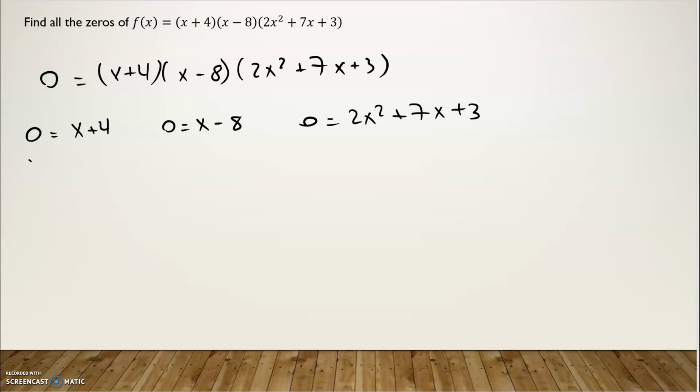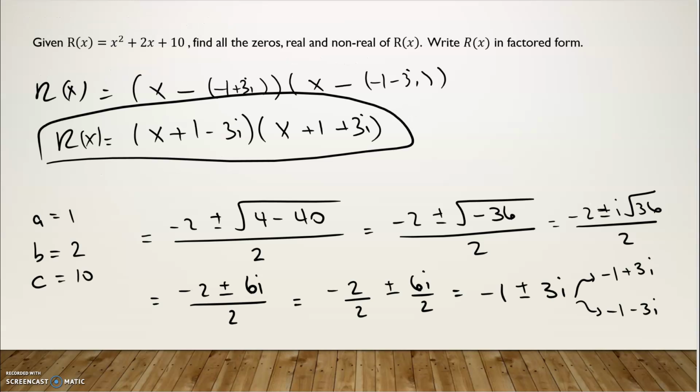This one, x is equal to negative 4. x is equal to 8. Okay, and now by the way, over here, x was squared, so we should have 2 roots, and we did find those 2 roots.